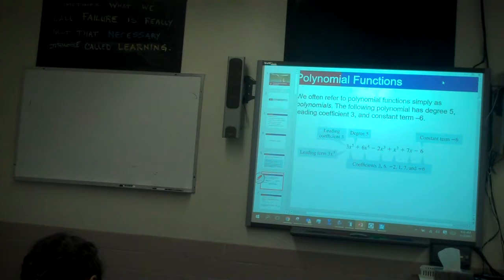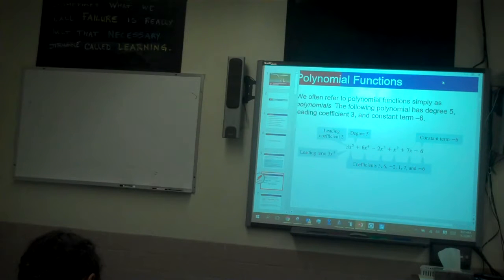Negative 6 is the one that's constant. The first term is the leading term, 3x to the 5th. We call it the leading term because it dominates. It does so much more to my y value than the other 5 terms do combined. Does that make sense? We'll talk about that in a little bit. 3 is called the leading coefficient.